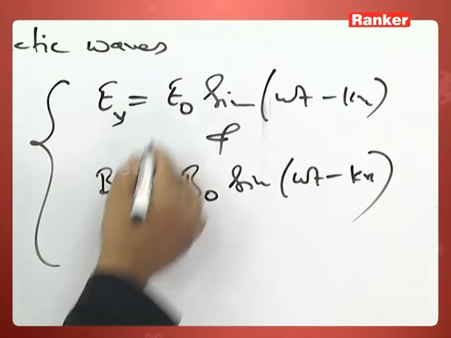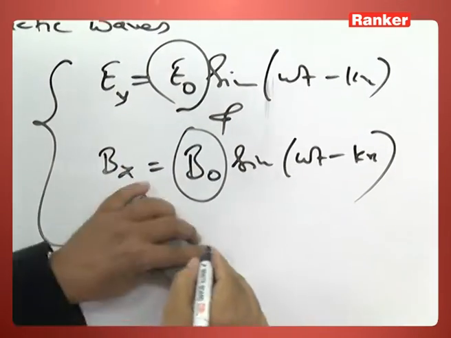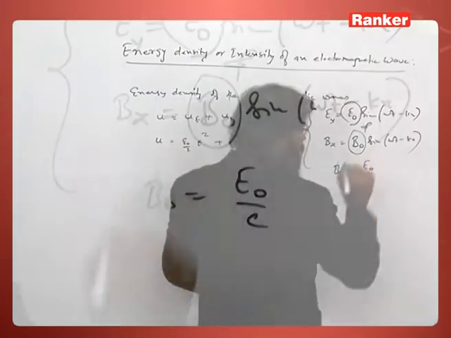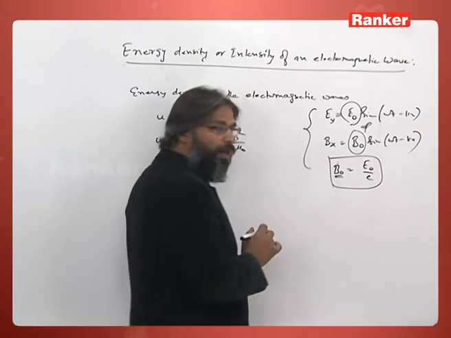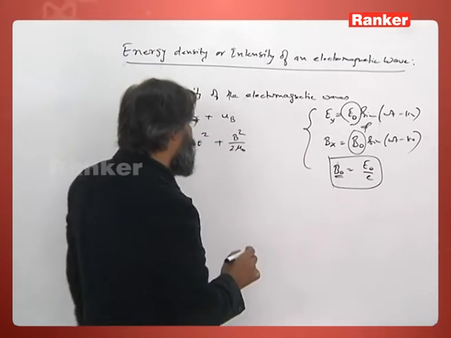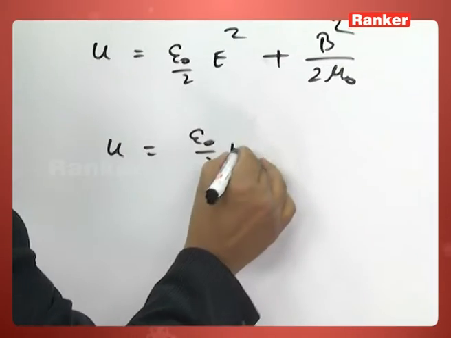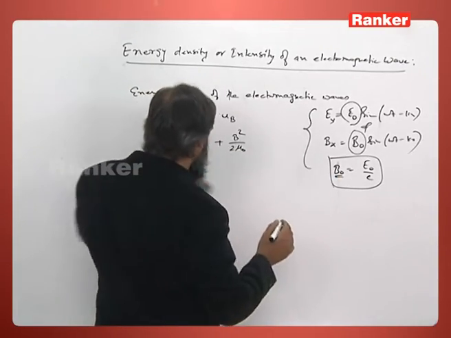Now this E naught and B naught are related as B naught is equal to E naught by C. This is how the magnetic field amplitude B naught and E naught are related.